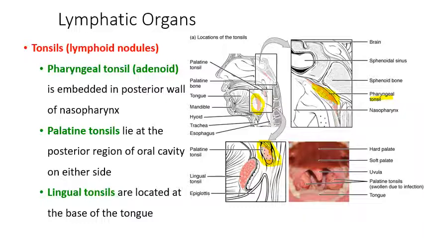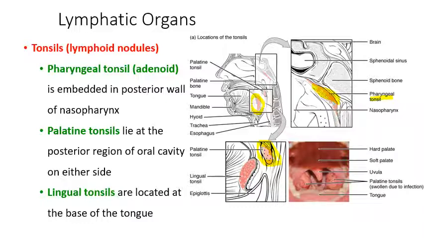And so tonsils are basically for filtration and for protection. If you think about it, your nasal cavity and your oral cavity is where you bring in a lot of stuff from the outside world, whether that's food that you're eating, liquid that you're drinking, air that you're breathing in. This is where it's going to enter the body.